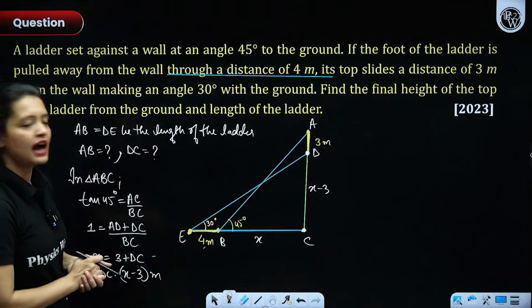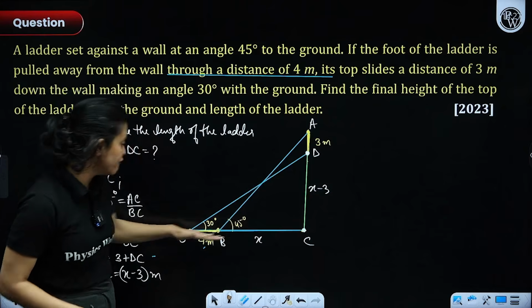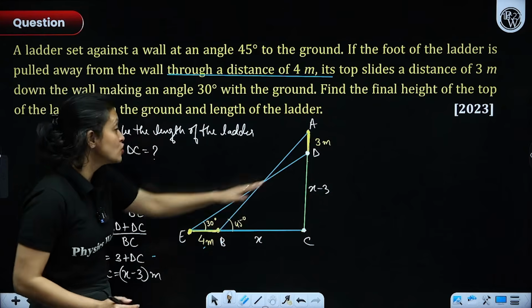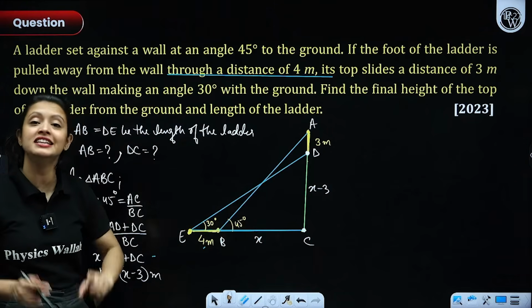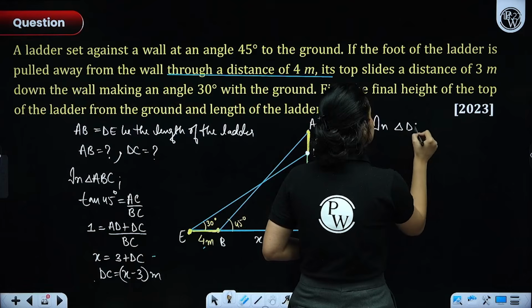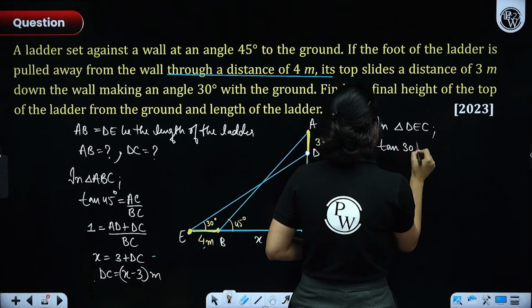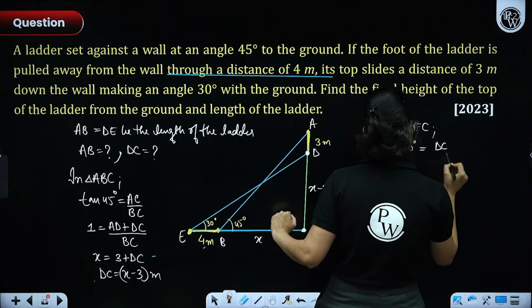Now people, I have DC in terms of x. I have EC in terms of x. So in this big triangle DEC, let's apply tan 30 degrees and see what I'm getting. In triangle DEC, tan 30 degrees would give me DC over EC.